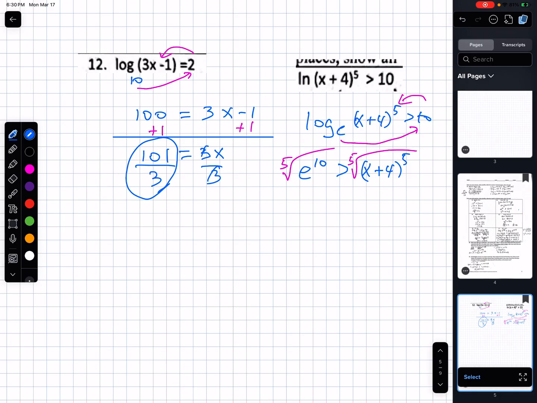So 7.3891, four decimal places always. 7.3891 is greater than x plus 4. And then just subtract 4. So it equals 3.3891.